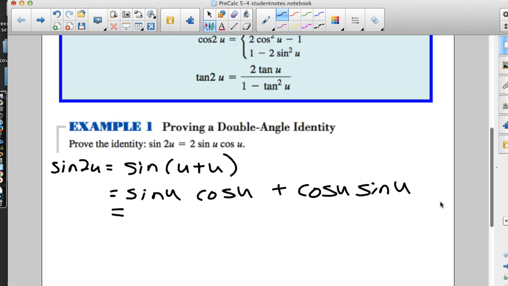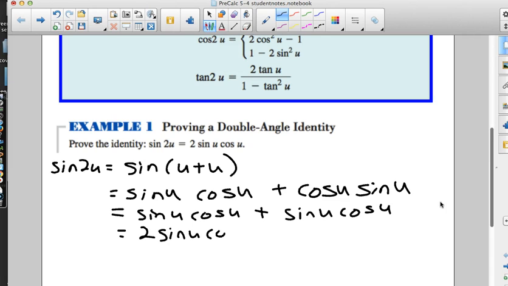Well, they're backwards. And I think everybody knows multiplication is commutative, so it doesn't matter that we have sine first or cosine first. But if we wanted an intermediate step, now would be the time where we would say, okay, I'm going to reverse this one so that everybody can see, yes, they're exactly the same thing. And if I have one of them and I add one more, now I have 2.